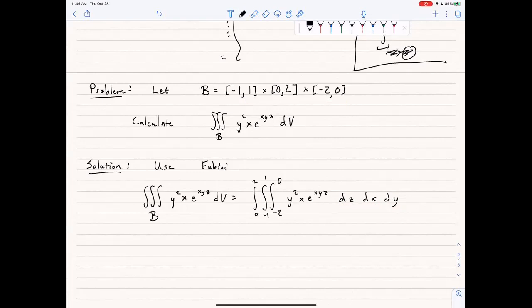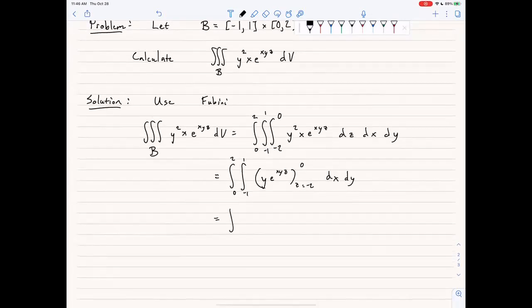All right. So we go ahead and compute. Leave these first two integrals alone. Let's focus on the one we're going to integrate first. And of course here, we'll see that we'll get a y e to the xyz. And we want to evaluate from z equals -2 to 0, dx, dy.